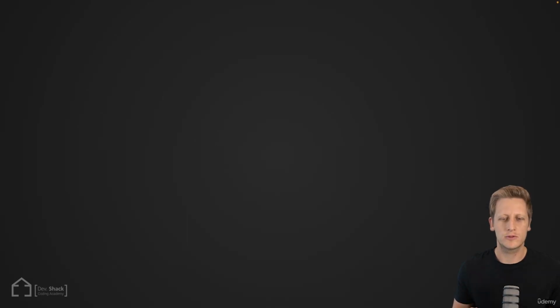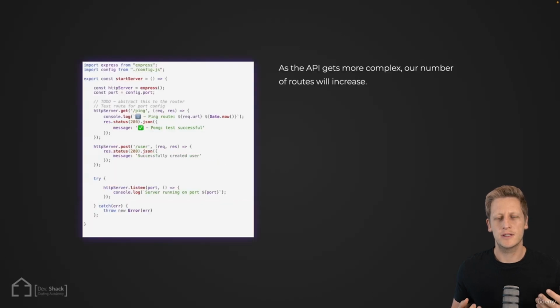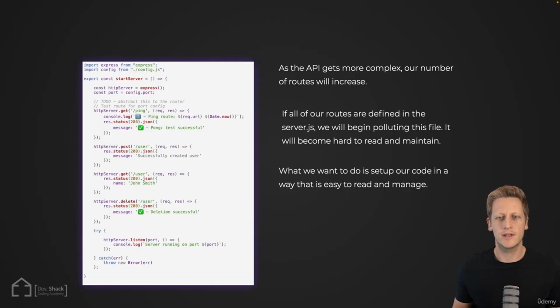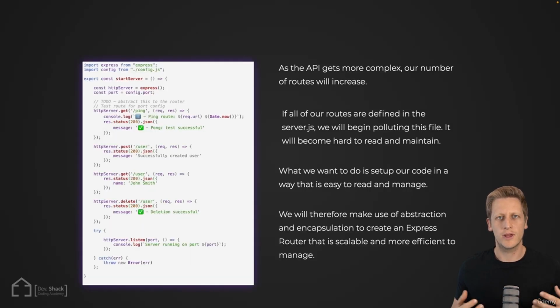In one of the previous modules, we set up an initial ping route and we just wrote that in the server.js file. But the problem we're going to face is that as our API gets more complex, the number of routes is going to increase. If we have all of these routes sitting in our server.js file, it's going to end up polluting that file. It's going to become really hard to maintain and hard to read, and that file is just going to get big, clunky and ugly.